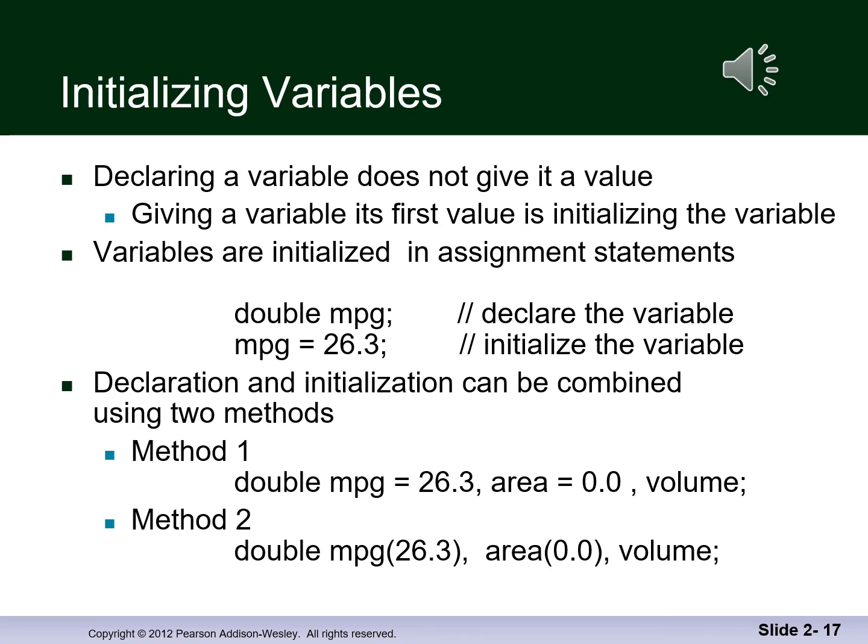It also declares a third double, volume, but doesn't initialize it. The second method, with the same results, is to put the initial value in parentheses after the declaration: double MPG(26.3), area(0.0). Those two lines in method 1 and method 2 yield the exact same results.